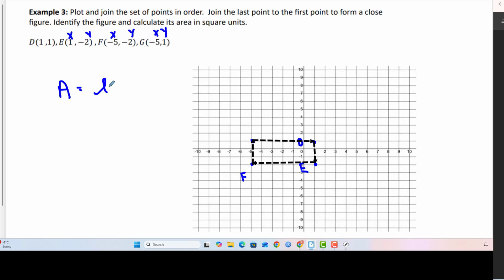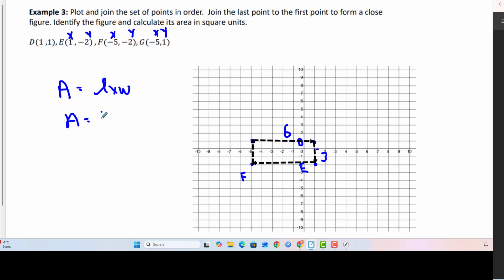Area is equal to length times the width. Do we know the length and the width? Well, we can count. We know each unit or box is going up by 1s or down by 1, regardless. So we can count. So 1, 2, 3, 4, 5, 6. So this is going to be 6. And this is 1, 2, 3. So we know this is a rectangle, 6 by 3.